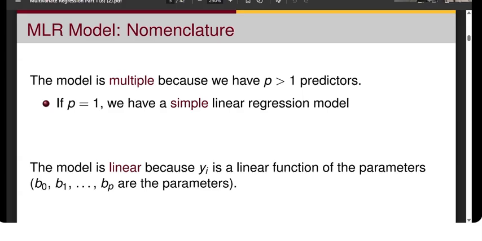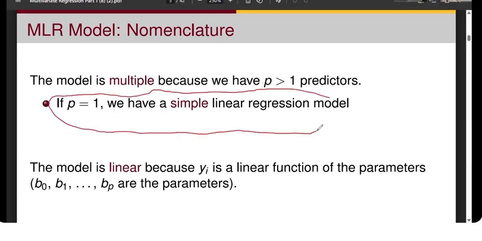Which is what I'm describing here. Take a look at that. If p equals 1, if I have one explanatory variable, I have one predictor. The one predictor may be weight. Maybe I'm looking at the effect of weight on height, where height is the outcome. Of course, in that situation p equals 1.